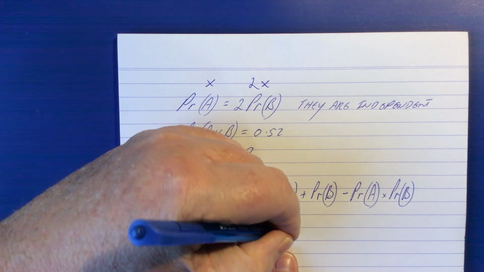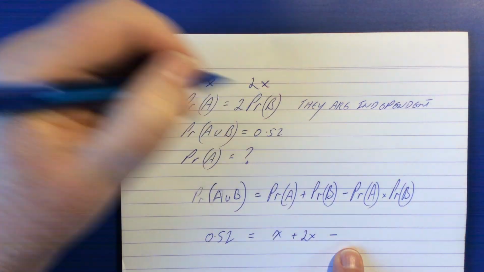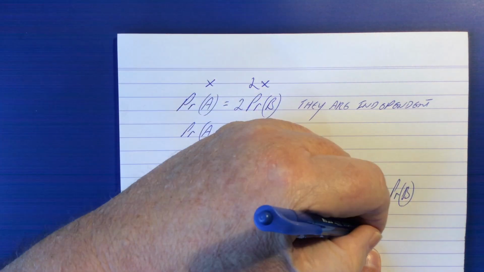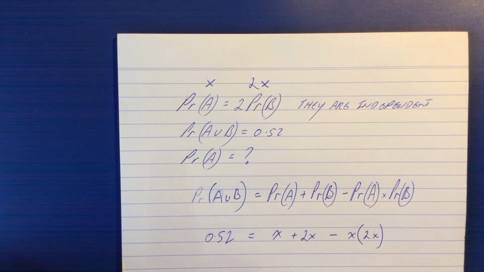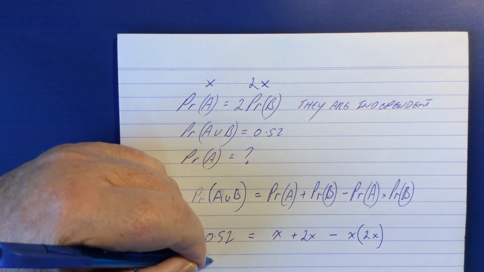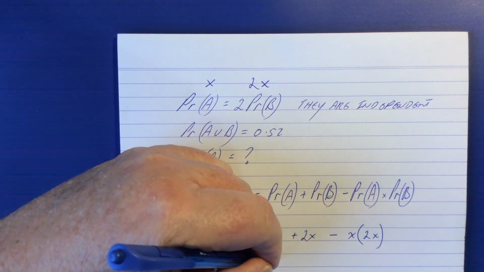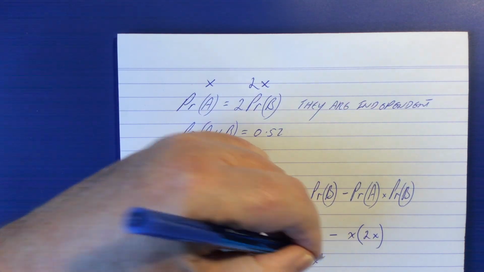It is equal to X plus 2X minus A, which is X, into 2X. So tidy this up a little bit, and we get 0.52 is equal to 3x minus 2x squared.